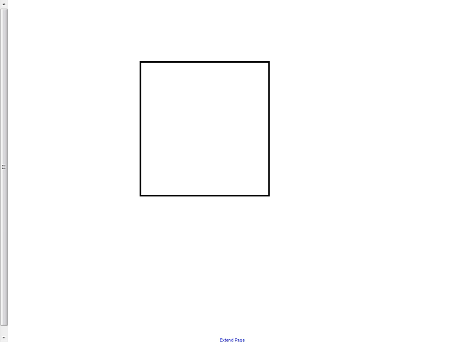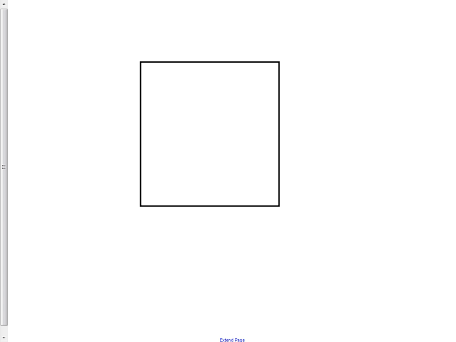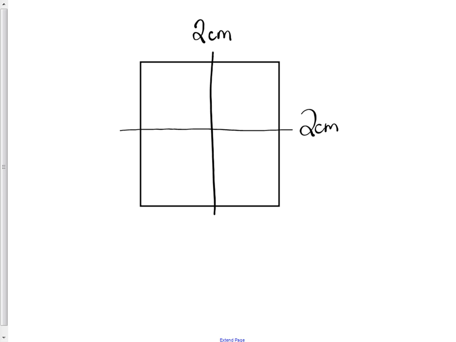If we move up from there to the next square, what we'd be looking at then is a square that was, simply put, 2 centimeters by 2 centimeters. This is a perfect square, or a square, because it has all 4 sides as equal. Rectangles don't always have 4 sides equal.